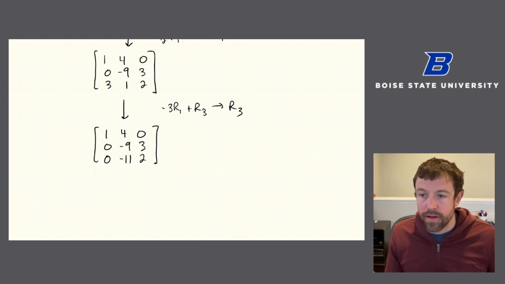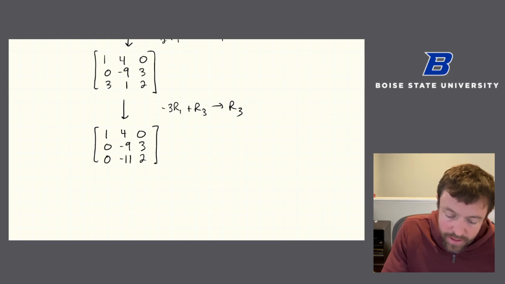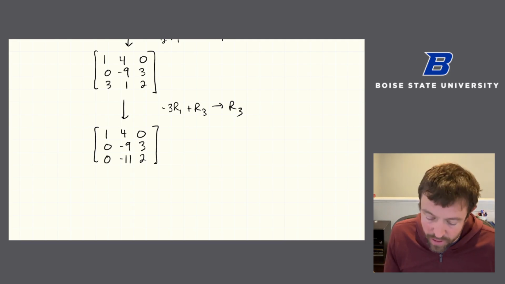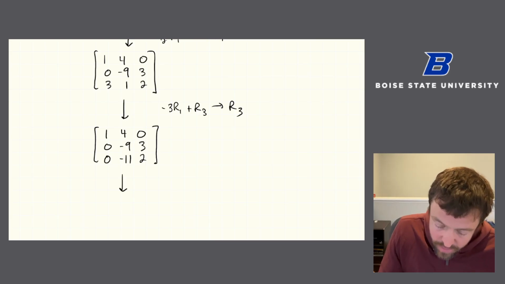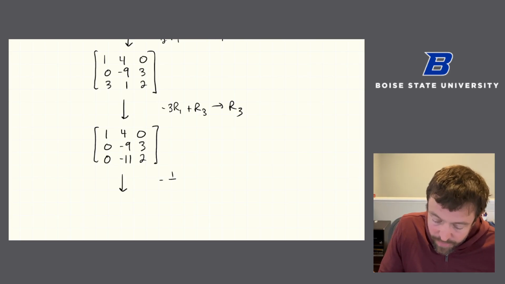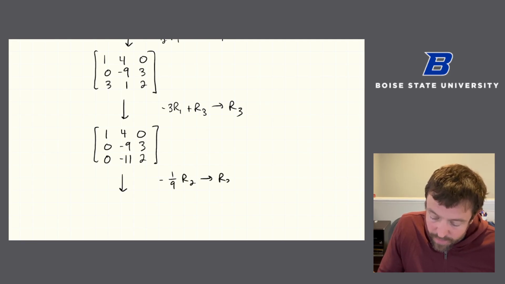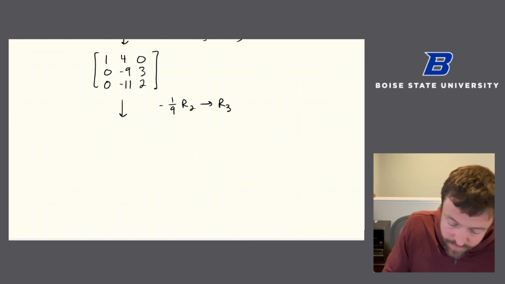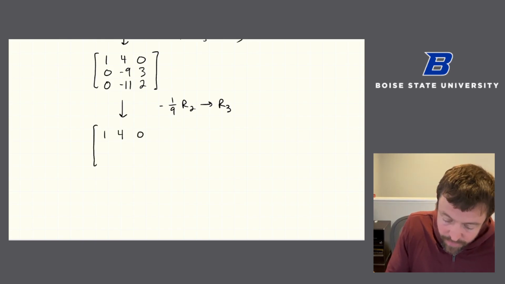Now I need to get rid of this -9. So I'll divide by -9, or multiply by -1/9. In my next step, I'll do this. I'll get a 1 here and -1/3 here.